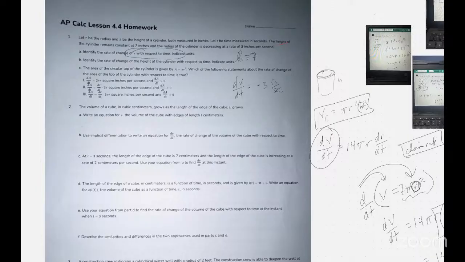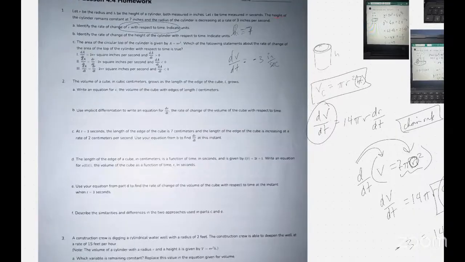dA. So what are they trying to say? They're saying like if you wrote this instead, V equals A times 7, area times height. Maybe if you do it that way, rate of change of the area.